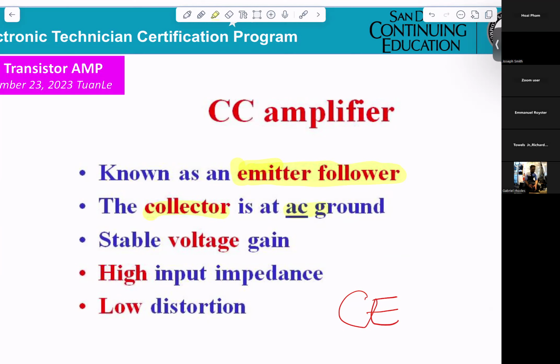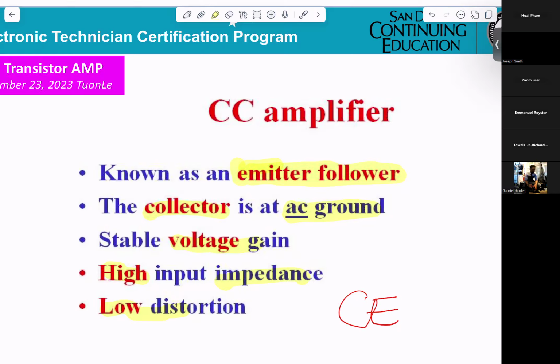Collector is AC ground. Stable voltage gain, high input impedance, low distortion. That is something you need to know about common collector. Either they say CC amplifier or they say emitter follower, same thing.